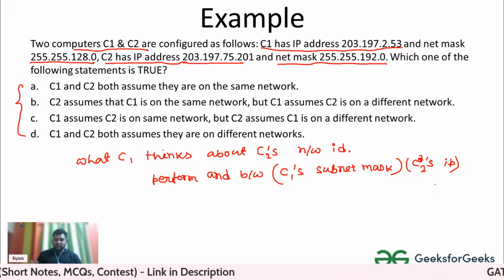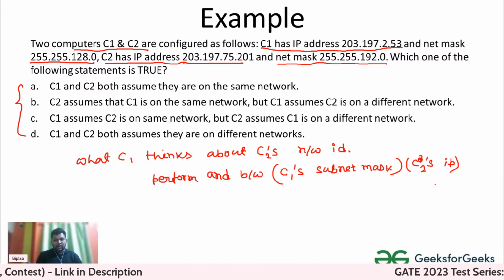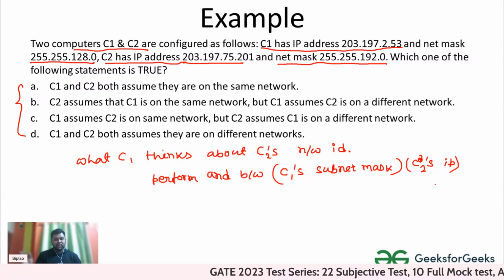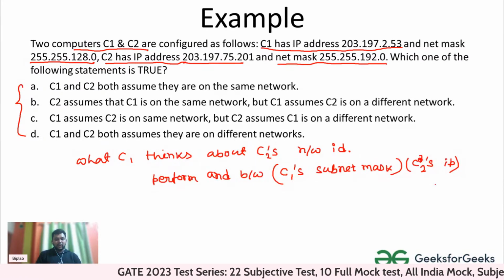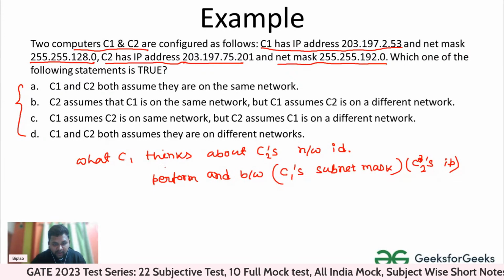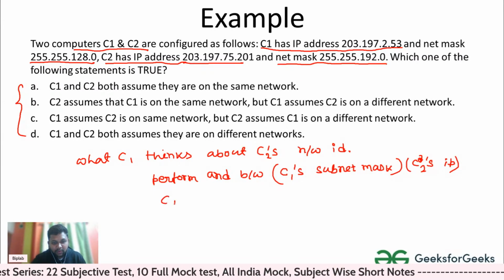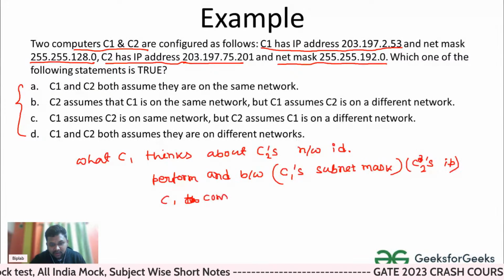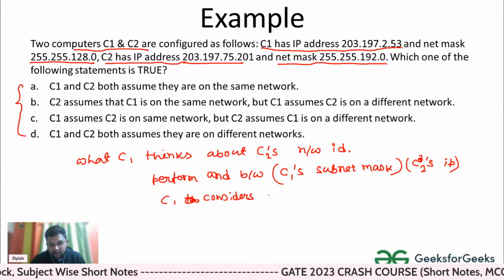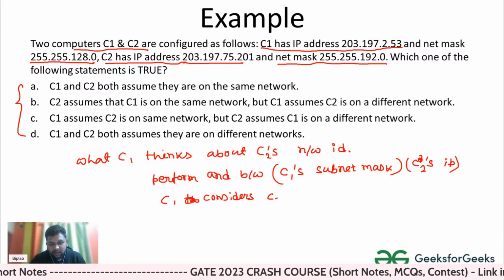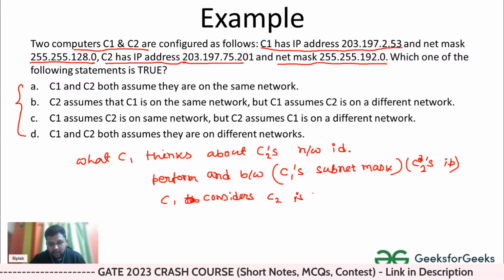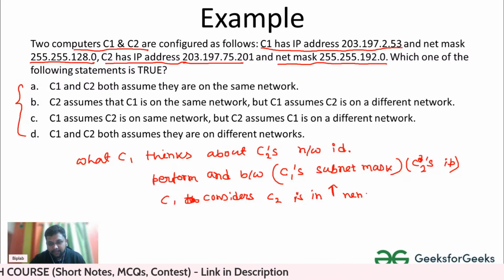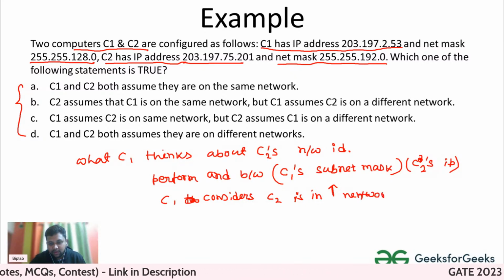Okay, that is clear to all. You get the network ID when you perform the AND operation between subnet mask and IP address. So the network ID you get is what C1 considers C2's network: C1 considers C2 is in this network.